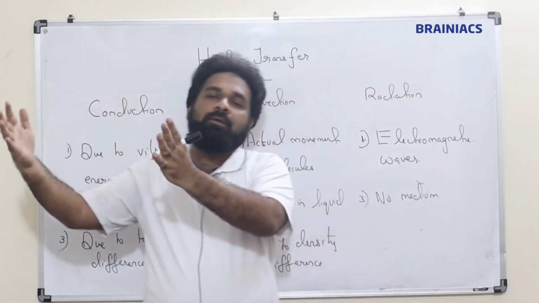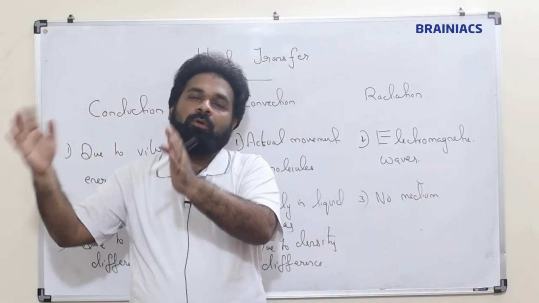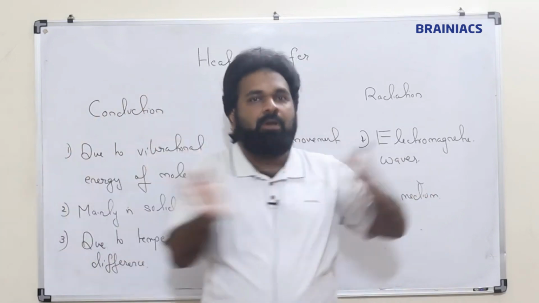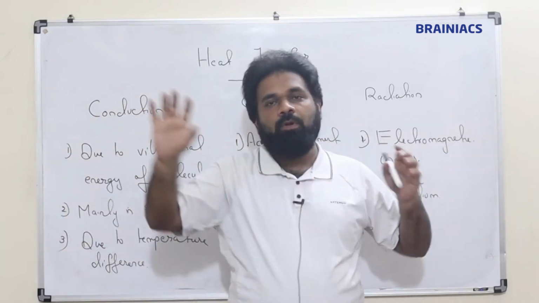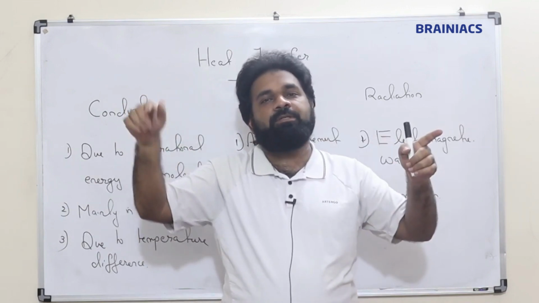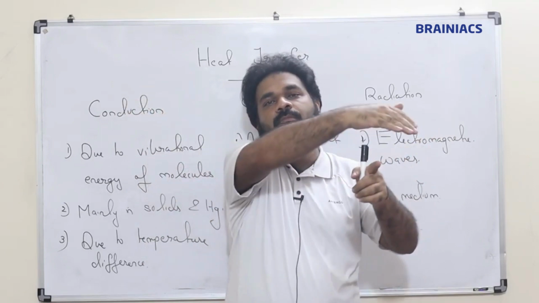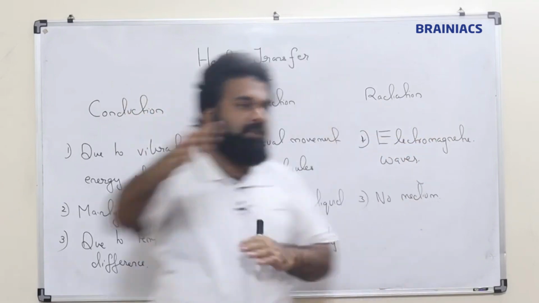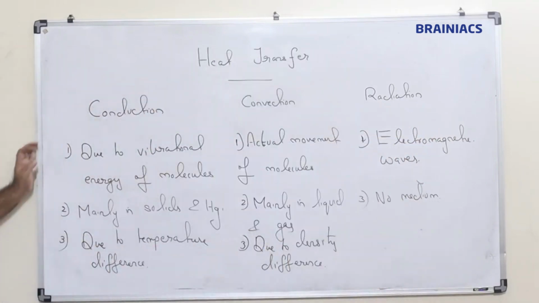Here the density will be comparatively more, so more pressure will be there, and it will move to this side. Here the temperature was more, here the temperature is less. Now this will come to this side and it will maintain the temperature equal.